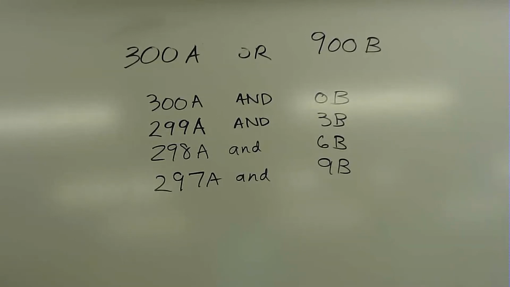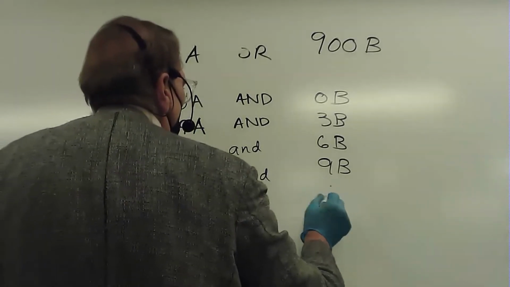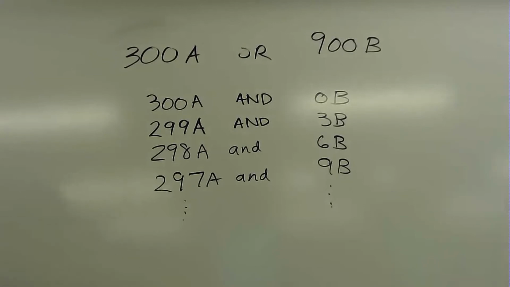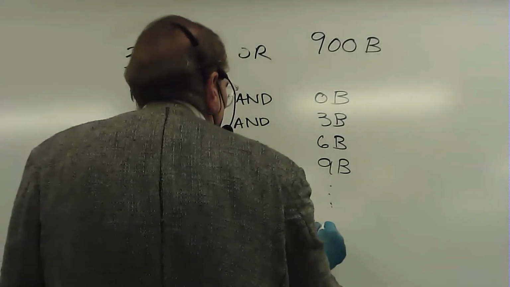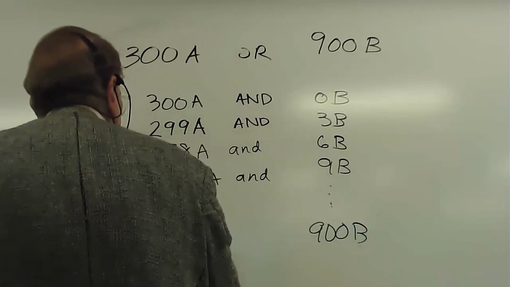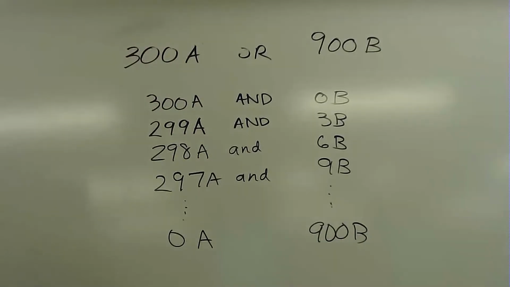In other words, if you know the two extremes, then you can figure out a table with all the production possibilities, which are all the combinations, all the way down to 900B and 0A, because that's another combination you could make. So a whole table like that would take up at least 301 lines.